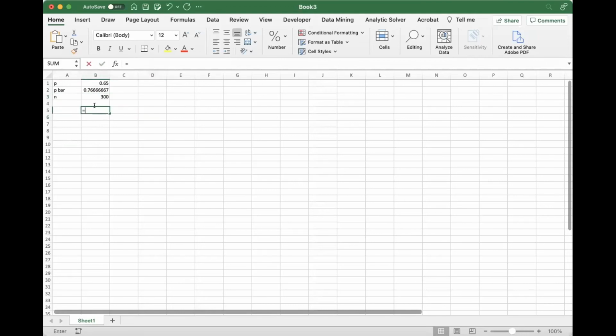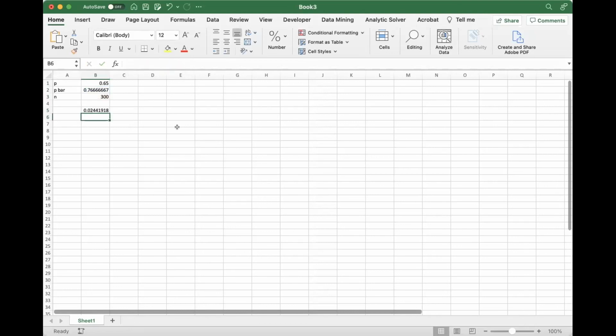So we're going to do equals square root, and it's going to be p-bar times. You want to make sure you have the parentheses in the right place. So you want to add another parentheses when you do your 1 minus p-bar. And then you want to divide it by n. And you see how n is also in the square root? That's what you want. So there we go.